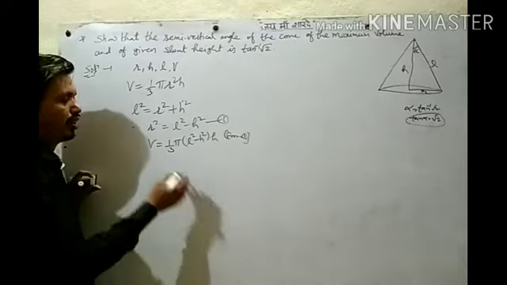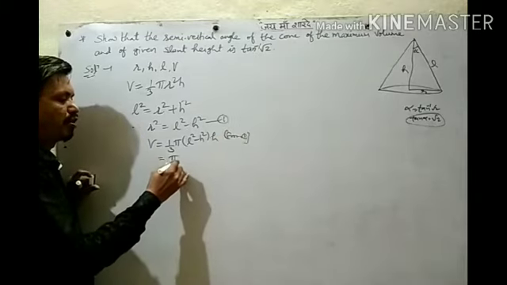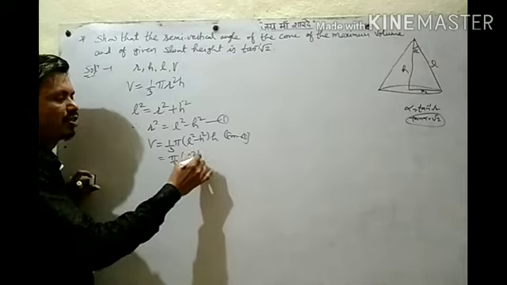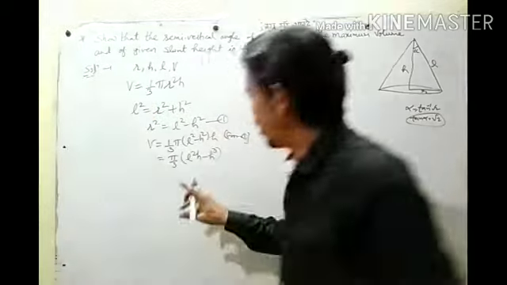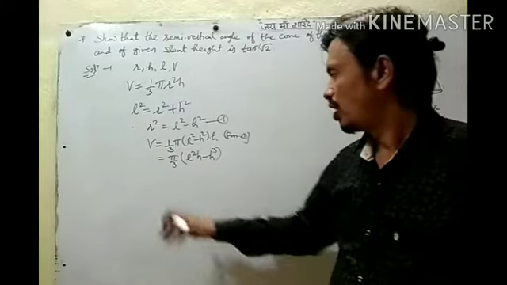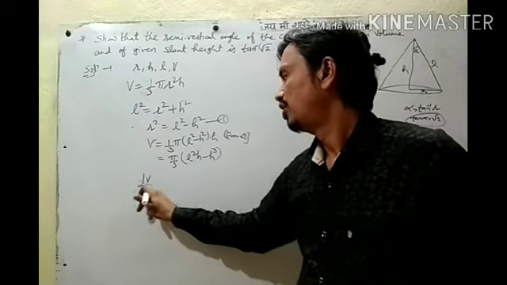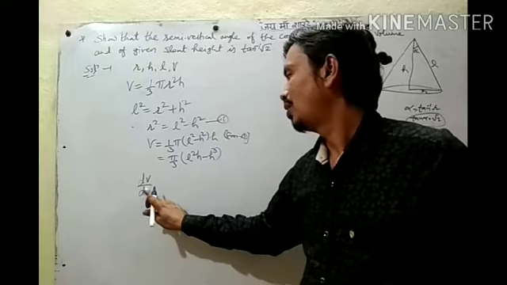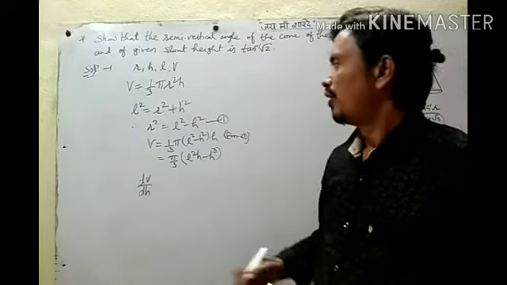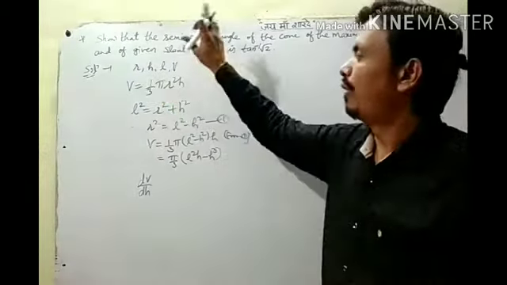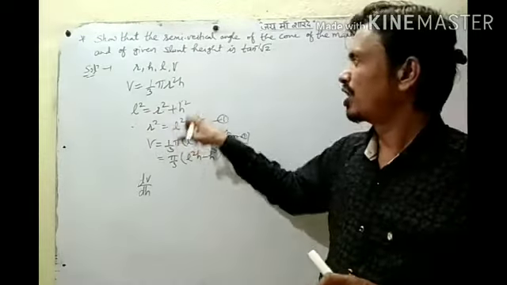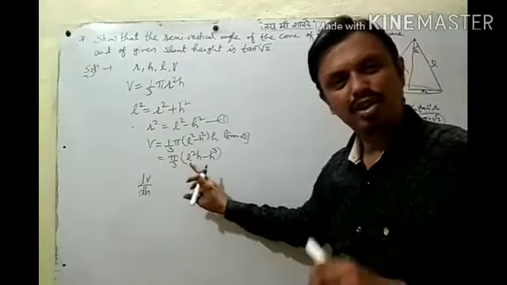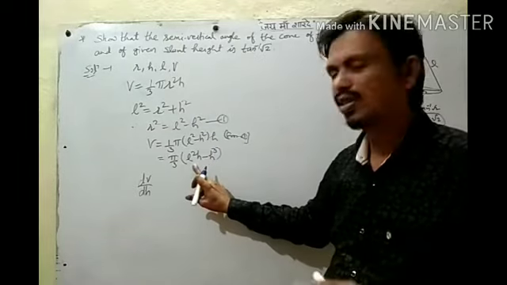So it is equal to pi by 3 times L square h minus h cube. This is our V. Now we differentiate. But the steps are fixed. First, we need the volume maximum, so the volume should be in one variable only. Using the given condition, we can convert into one variable only. Now we got this in one variable.